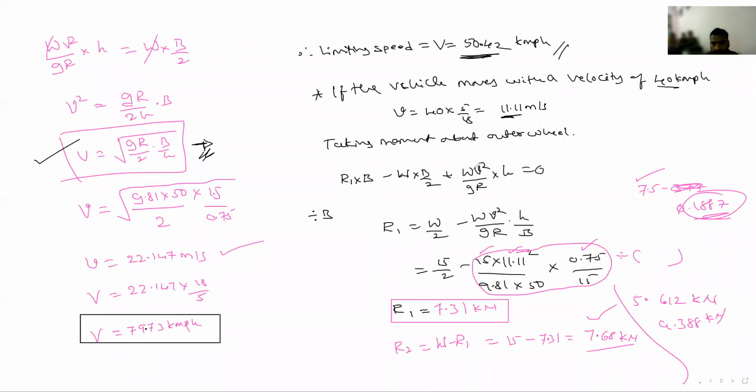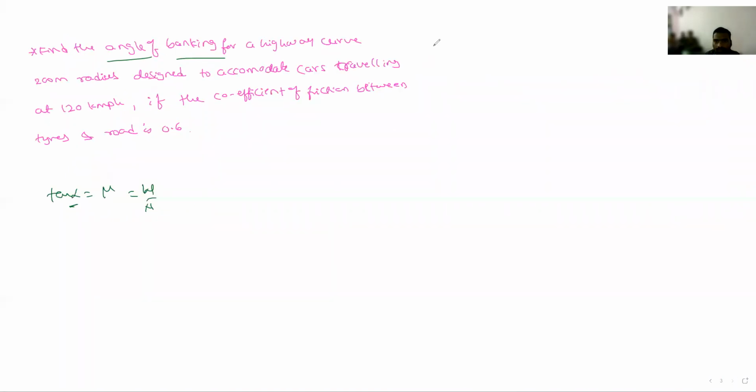See here, the centrifugal force. What is the centrifugal force? W V square by gR. I want mu, and mu is F by W. Here the centrifugal force is F, equal to W V square divided by gR.